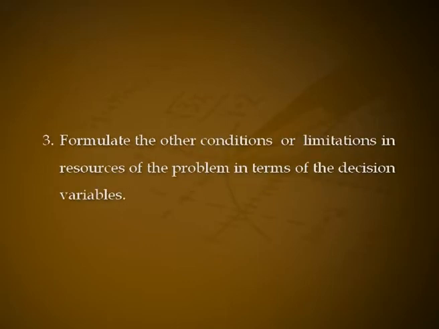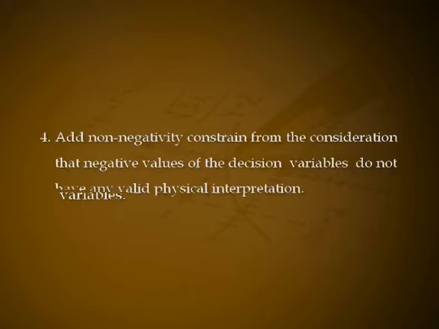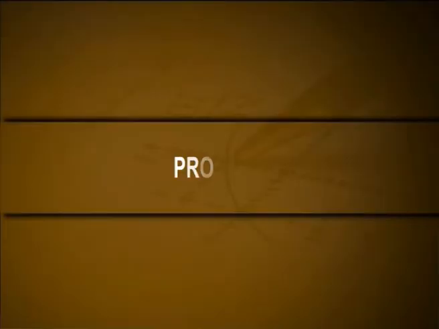Formulate the other conditions or limitations in resources of the problem in terms of the decision variables. 4. Add non-negativity constraints from the consideration that negative values of the decision variables do not have any valid physical interpretation. Consider the following problems illustrating mathematical formulation of linear programming problems.